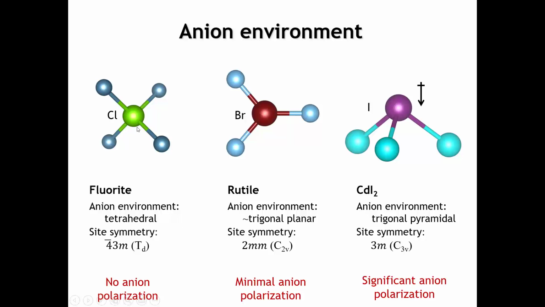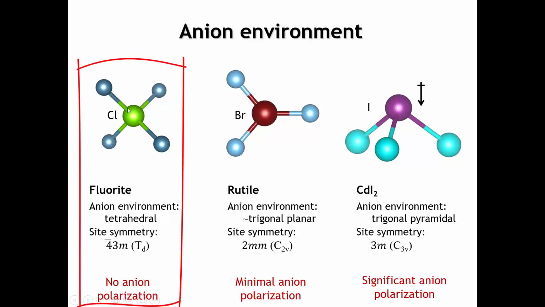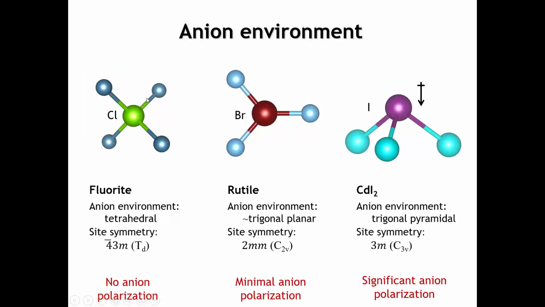So in the fluorite structure, the chloride ion is surrounded by a tetrahedron of cations. It's a perfect tetrahedron. So you can think about each of those cations pulling the electron density toward it. But because it's so symmetric, the way they pull on the electron density exactly cancels out.